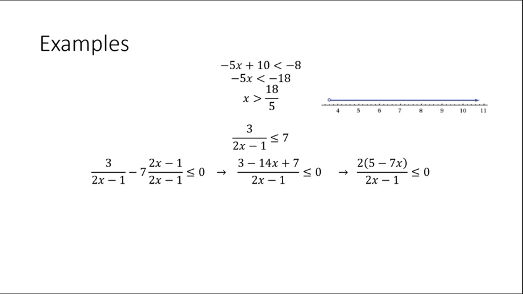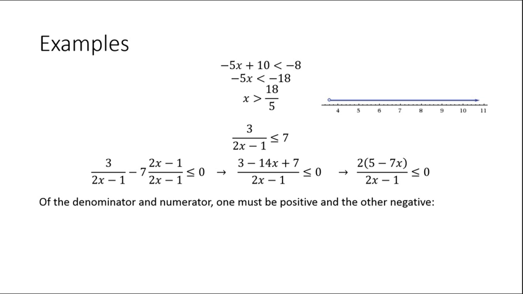And now we know that that quantity is less than 0. So in order to make it less than 0, we need either the numerator to be negative and the denominator to be positive, or vice versa. What this does for us is it again creates several cases. We're going to once again check at what point is the numerator greater than 0 versus less than 0, at what point is the denominator greater than 0 versus less than 0.